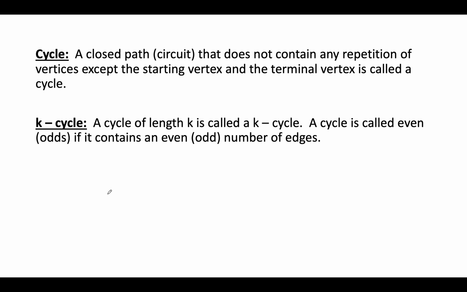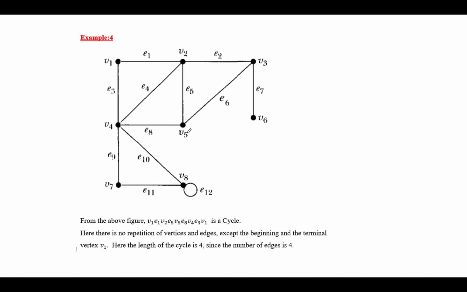Okay? A cycle is a closed path, which is called a circuit, that does not contain any repetition of vertices except the starting vertex and the terminal. And we call this a cycle. And sometimes a cycle can have a number before it, which is the length of the cycle. Again, back to our graph, we can see here that moving from V1 to V1 is considered a cycle.